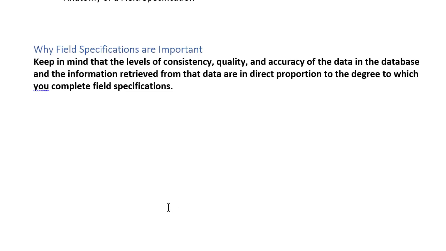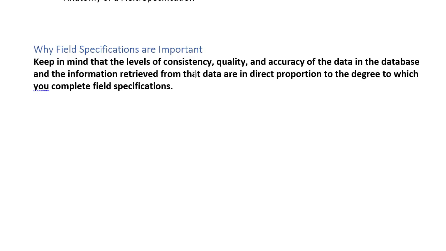So the first thing is why is it important to make sure that you have the field specifications set before you start putting in data? This is going to give you high levels of consistency. I've mentioned this before, but when you enter data into a column, it all needs to be the same consistency.